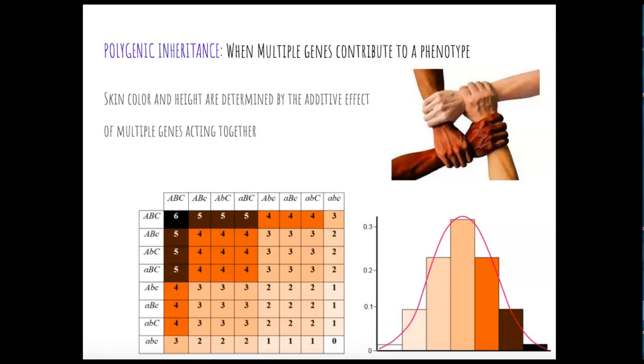In this example, we're assuming that it's affected by 3 genes instead of 2, and therefore you can either have a 0 on this scale, which would mean that you're very, very fair white, or you could be a 6 and inherit 6 melanin points, which means that you are very, very dark skinned.